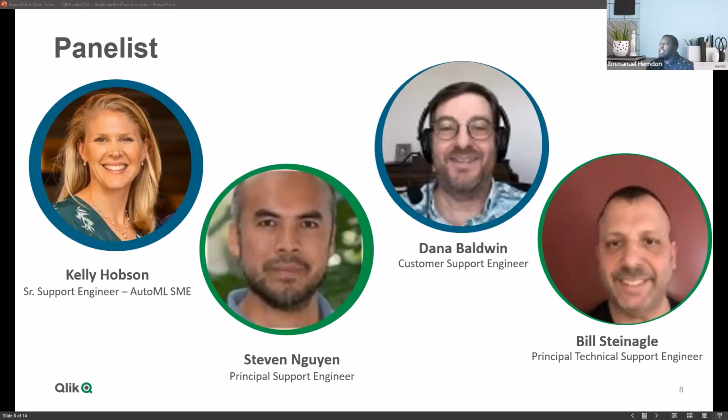Next question. It says, our Qlik Replicate web UI is running on port 8443, but we would still like to run on port 3552. Can you kindly suggest how we can do the same? Okay, I can take that.